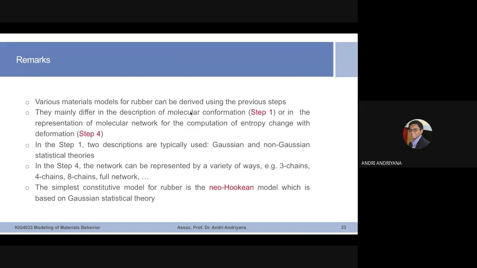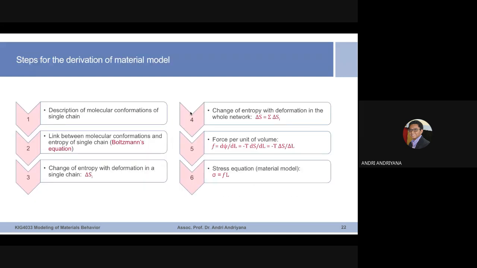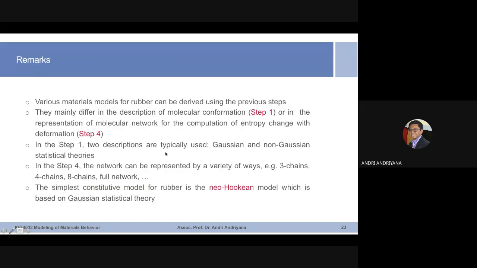For step 1, which deals with the description of molecular conformation of a single chain, 2 descriptions are typically used: Gaussian and non-Gaussian statistical theory. I will not go into the detail. This is for your information. While in step 4, the network can be represented in a variety of ways: 3 chains, 4 chains, 8 chains, or full network.